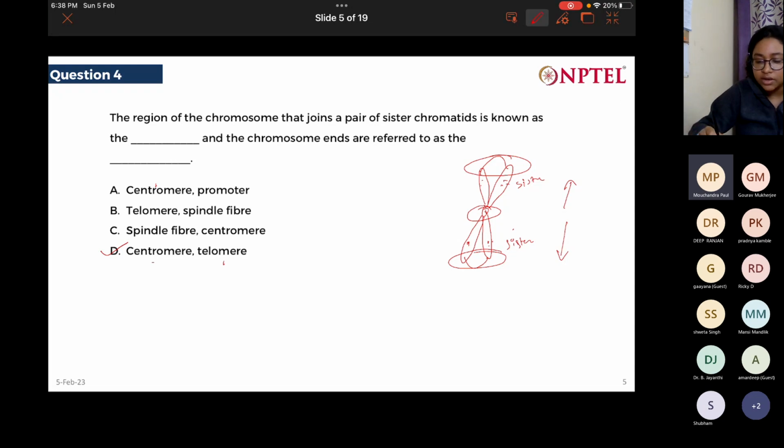The sister chromatids are identical, so this region is identical to this. These two sister chromatids are connected by the centromere, and the extreme ends of the chromosome, here and here, are called the telomeres. So the correct option is D.